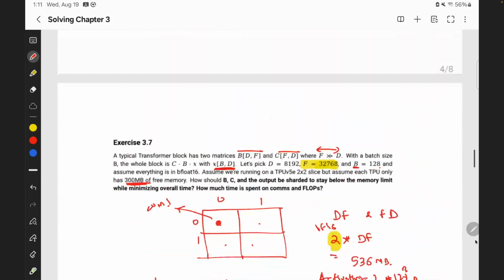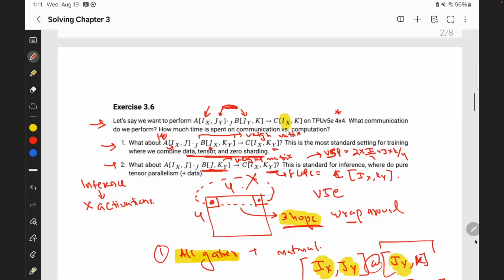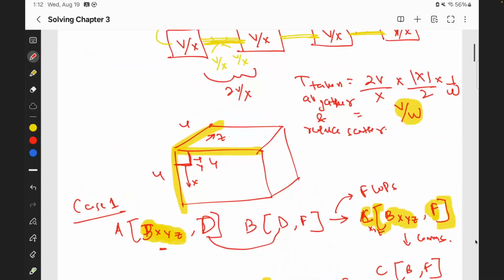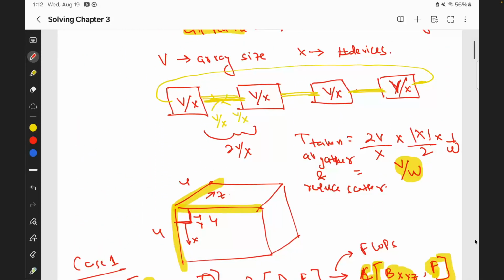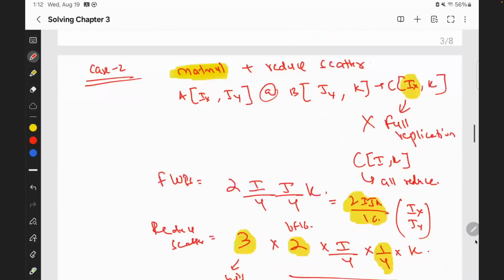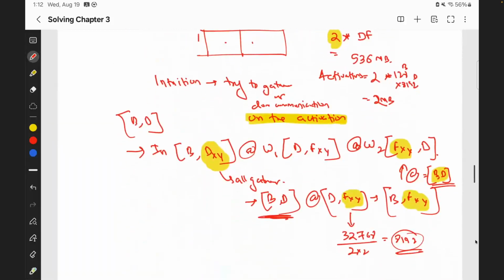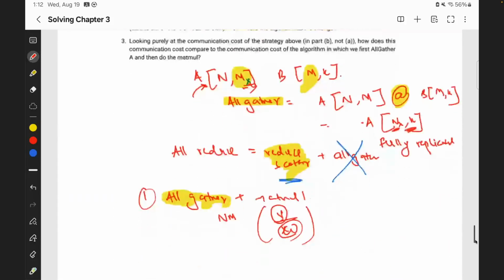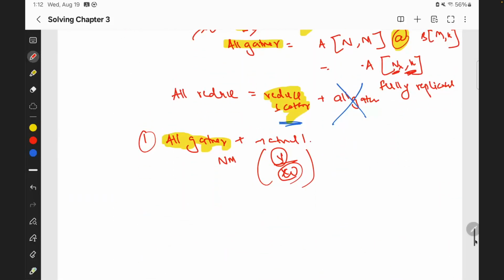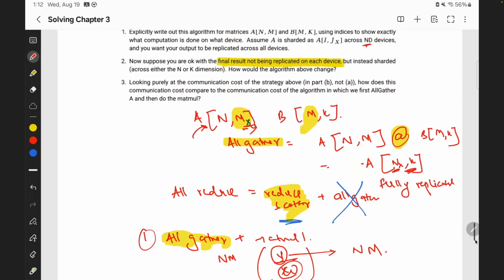If I can go back here, we derived this formula, so we'll be using this formula now. This V scales by nm, because this is the matrix that we are working on.